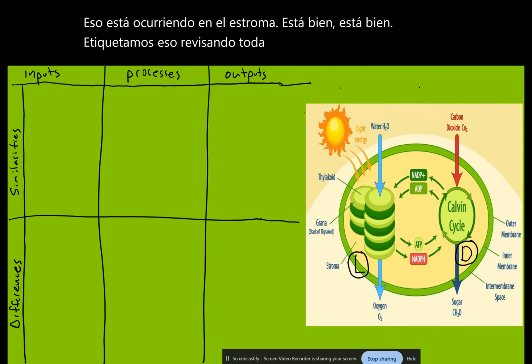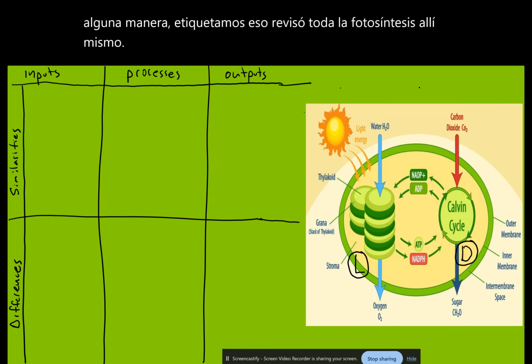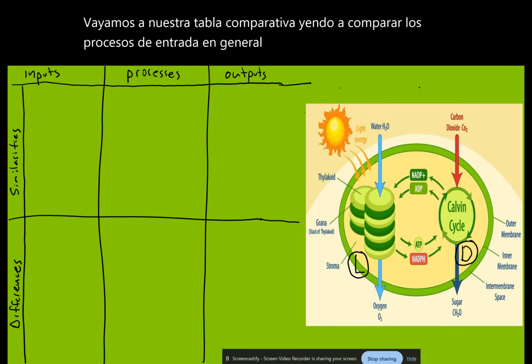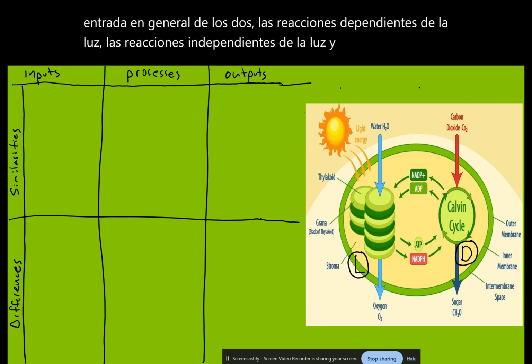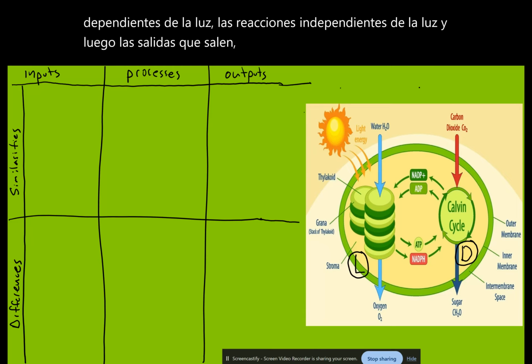Let's go to our comparison table. We're going to compare the inputs, processes in general of the two, the light-dependent reactions and light-independent reactions, and then the outputs, what comes out, which we kind of just summarized. Similarities and differences, whatever we come up with.